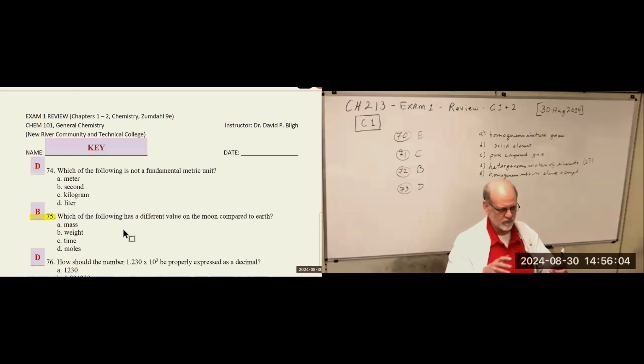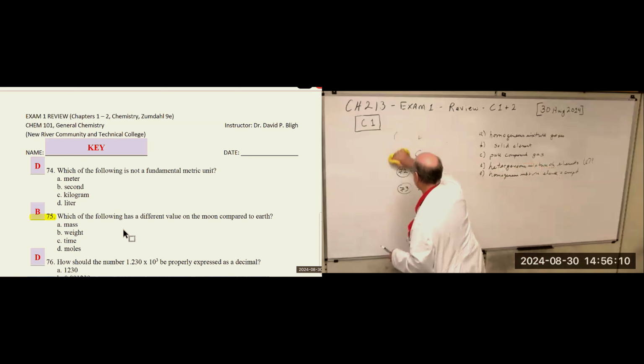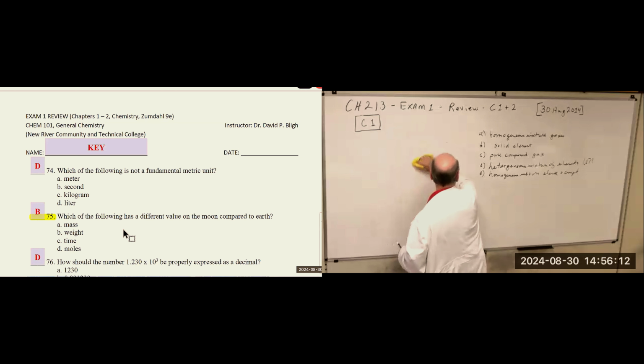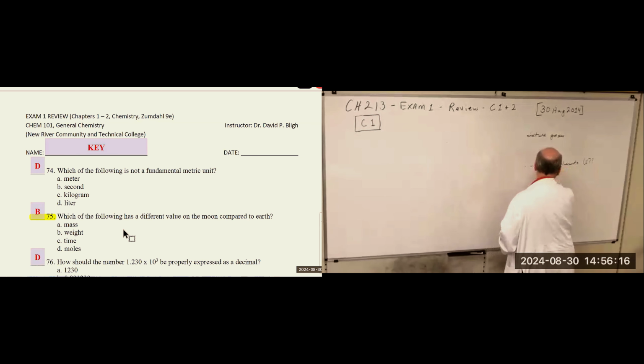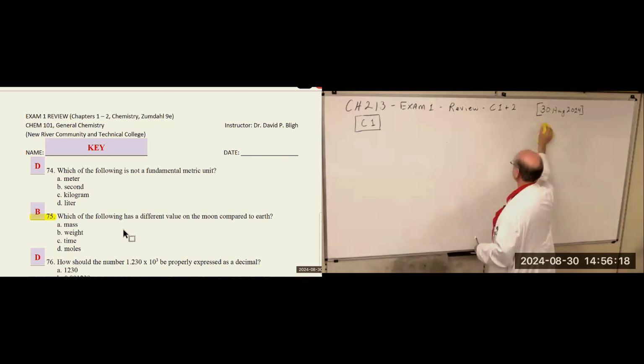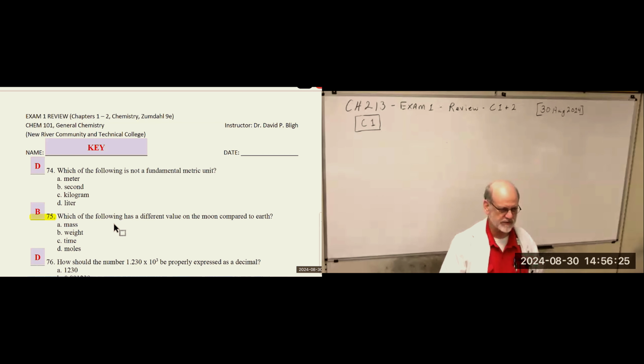Does everybody see the representation there in that? Yeah, okay. There again, what we're trying to do is to get you to think on the microscopic scale. This is what you would see if you were small enough.